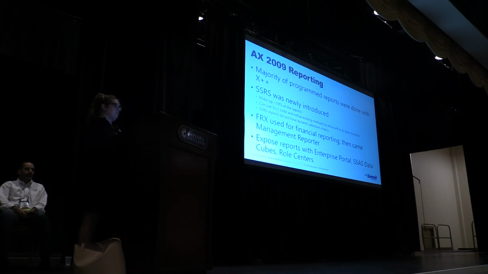So the question for those of you on 2009, which tool should I use to develop a report? And unfortunately, the answer is really either will work for you, but because of the upgrade path, you may want to consider using SSRS because of the easy migration if you're thinking of upgrading to 2012.